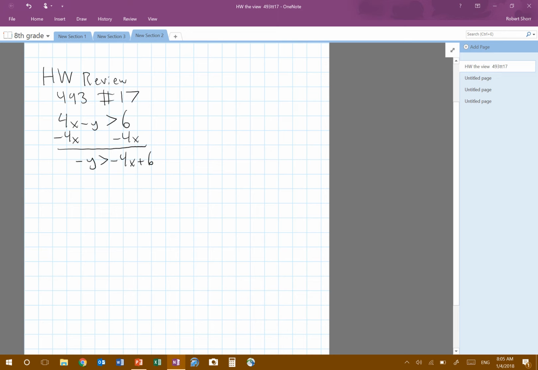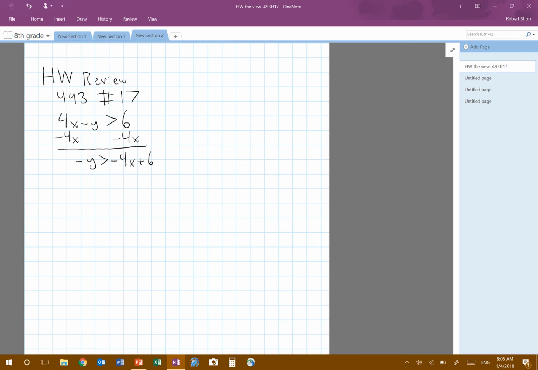Now, a lot of you will probably want to write that as 6 minus 4x, which is the same thing, but we want the x term to be first because we want it to look like mx plus b. We want our slope x term to be before the y-intercept.